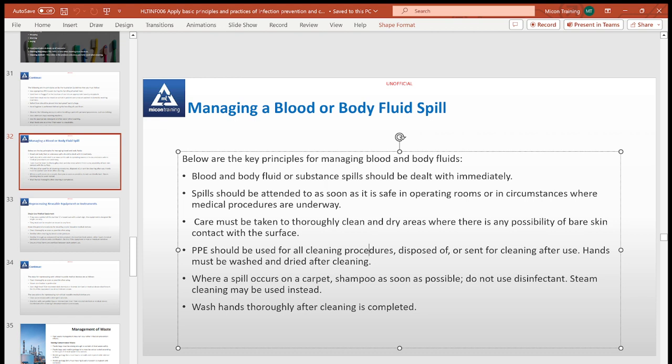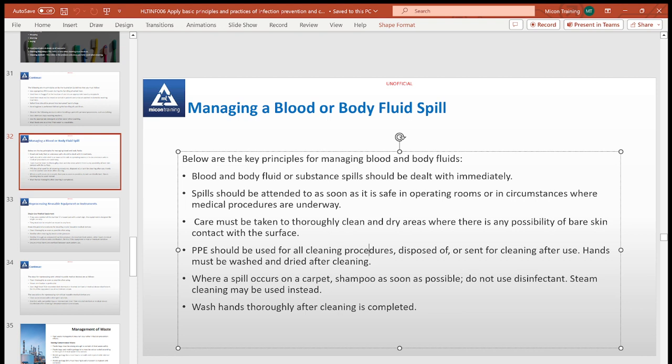Blood and bodily fluid or substance spills should be dealt with immediately if we identify them. Spills should be attended to as soon as it is safe, including in the operating room or in circumstances where medical procedures are underway.